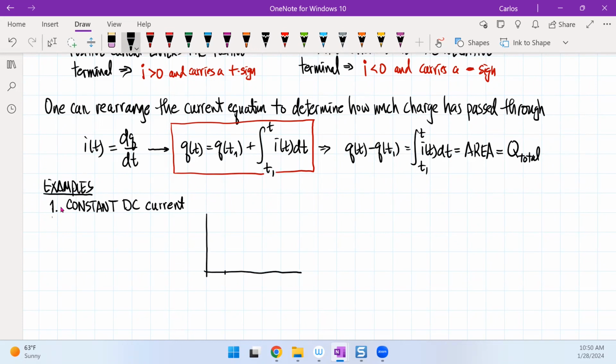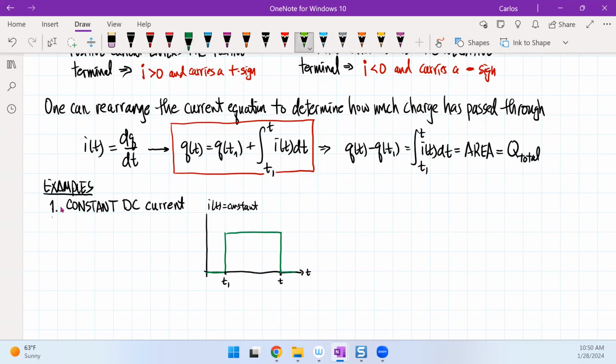If this is t1, and let's say I go all the way to t, and this is i of t, and because this is DC, that means that this current, when it's on, has to be a constant. So then it turns on at t1, and then it turns off at t.